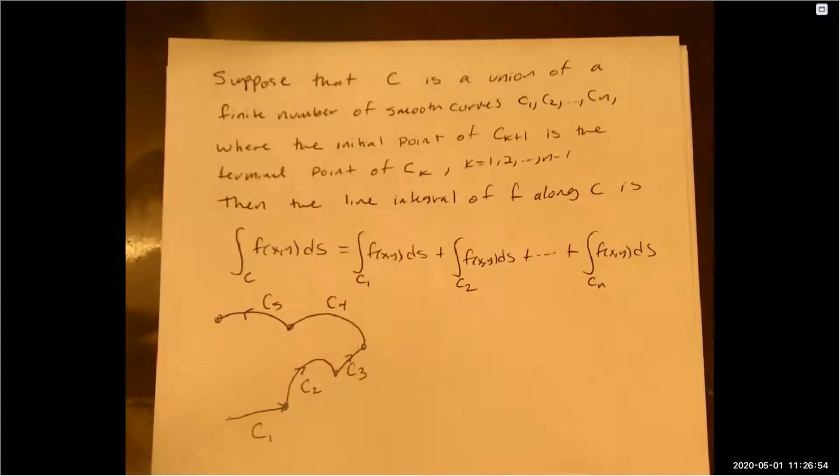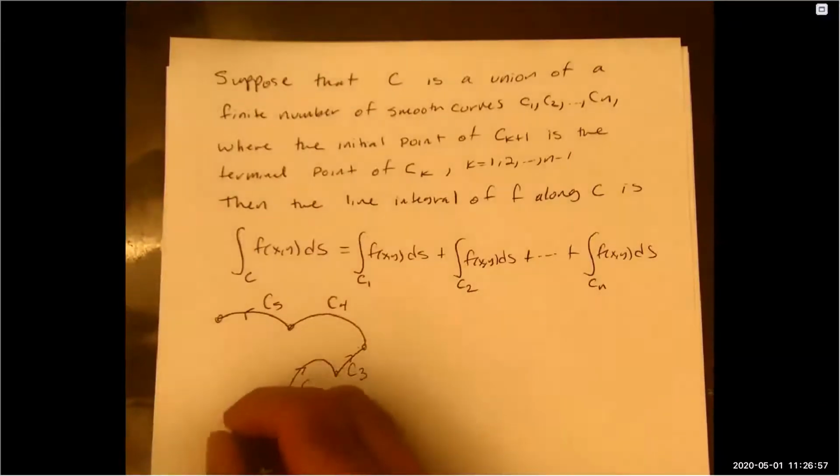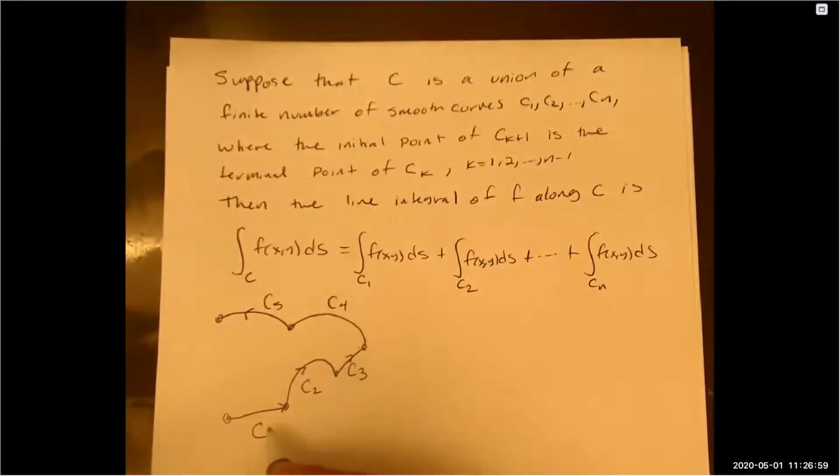So this is what I'm talking about here, this is what we call piecewise smooth. So the individual parts are smooth, but then we have these sharp edges where the curves come together.